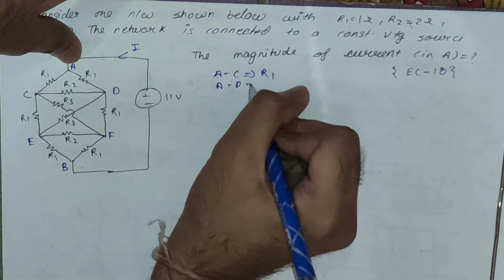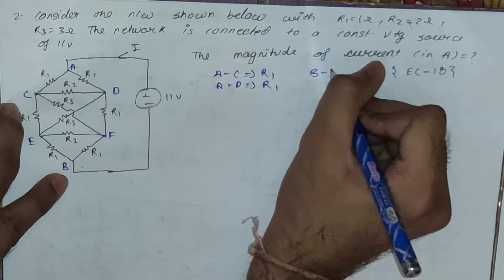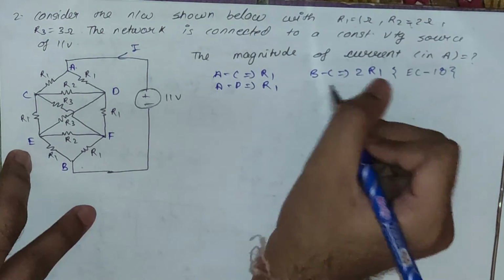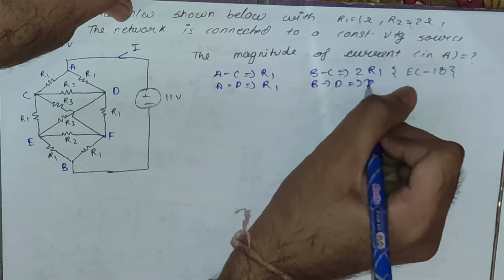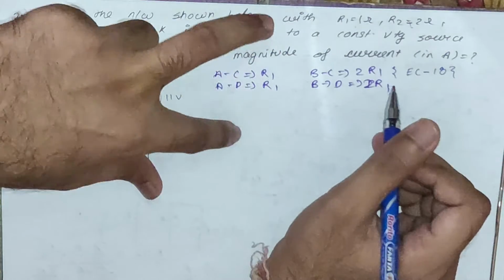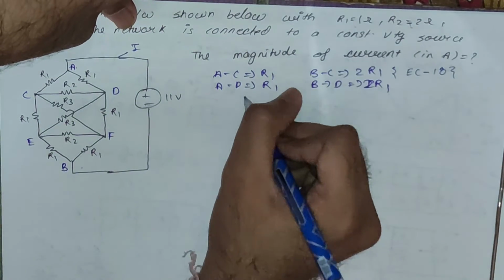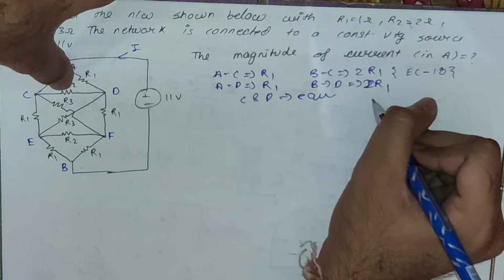Similarly A to D we have a distance of R1. Let's check from B. B to C is 2R1 and B to D is 2R1. You can see both the distance from the starting end and from the ending end are the same. So we can say C and D are equidistant points, so we can short circuit this resistance.